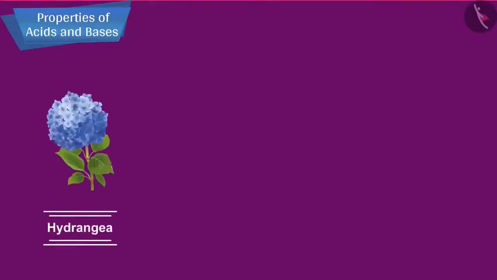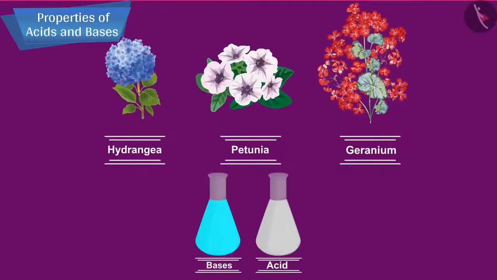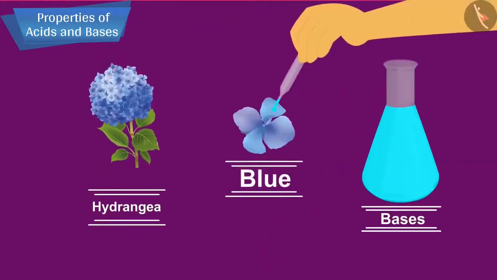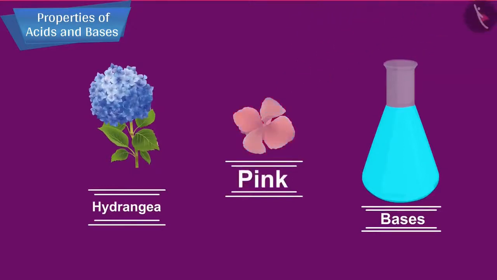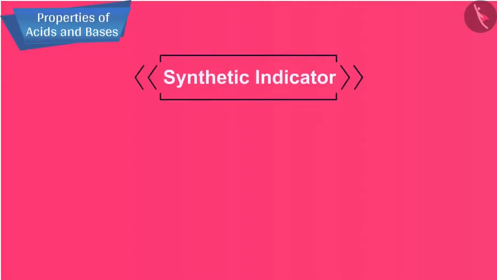The colored petals of some flowers like hydrangea, petunia, and geranium also change color in the presence of acids and bases and act as indicators. For example, the flowers of the hydrangea plant are blue in color and they turn pink in the presence of basic solutions.